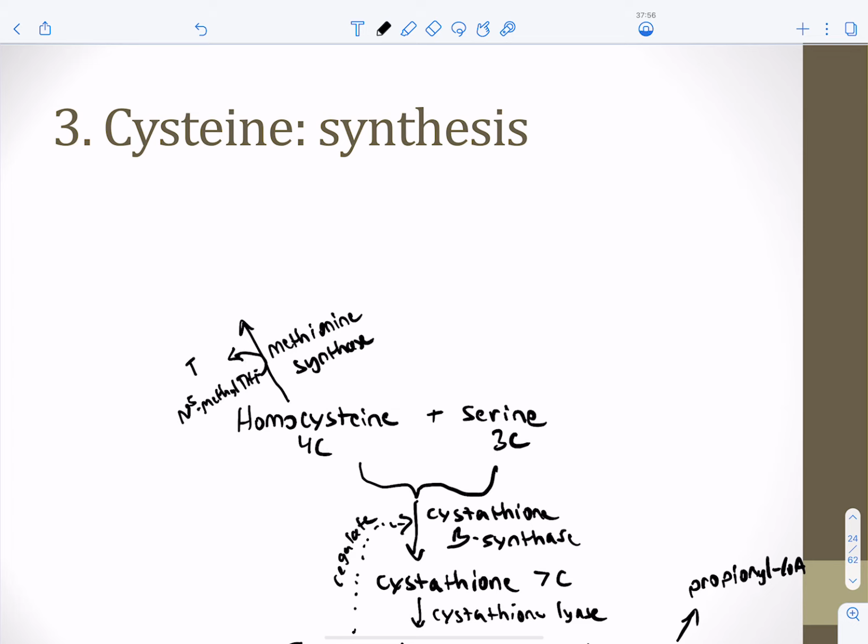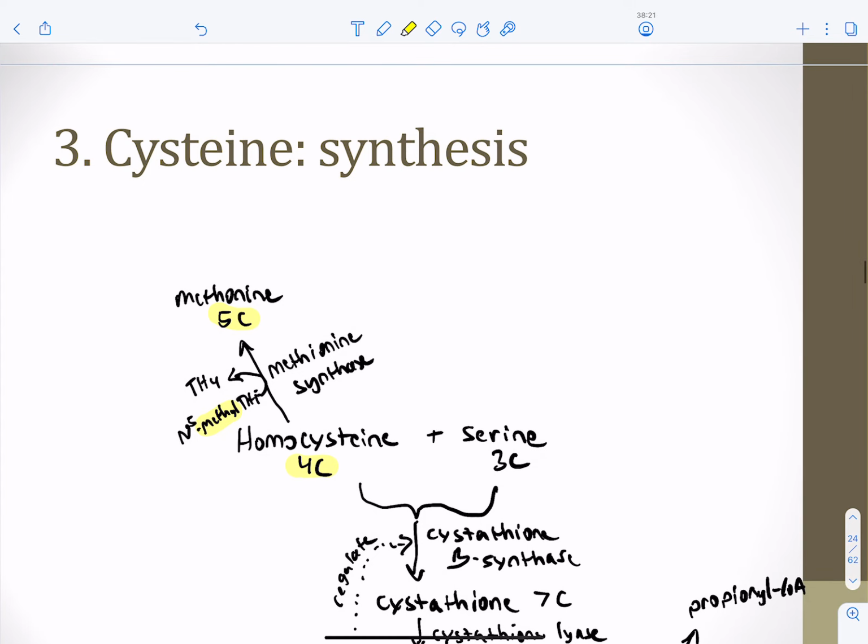And this is going to release a tetrahydrofolate. And from this, you're going to get methionine. And methionine is a 5-carbon. So you have your 4 carbons from homocysteine plus a methyl group, and you get your 5 carbons. So that's what you get for your methionine.